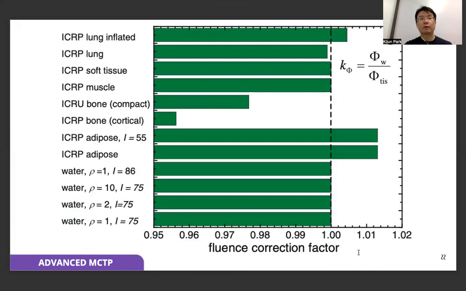Well, this is another example, of ICRP lung and soft tissue, muscle, bone, adipose. For example, this is the perturbation correction factor, particularly the fluence correction factor. I just see that even for the same lung case, we have a different factor you have to apply, and even for bone, compact and cortical, we have significant differences.